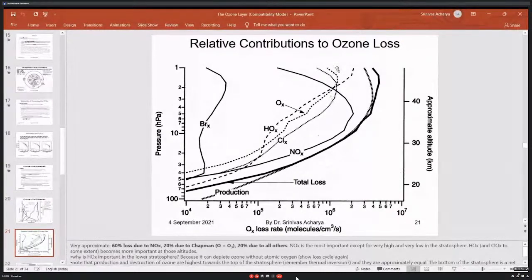And the relative contribution of ozone loss by all these species: they have a role in ozone depletion, and what is the contribution? In this graph, you can see the highest contribution in a very short span. You can see that is your bromines.